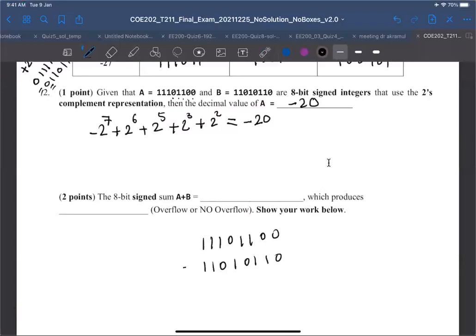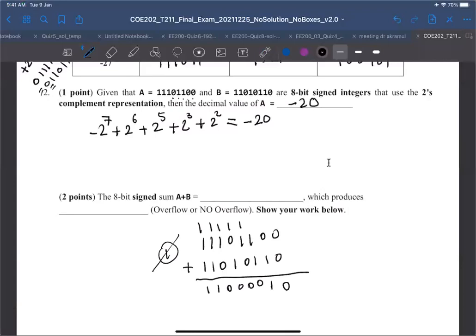Adding these together, we get 0, 1 with a carry, 0 with a carry, and so on, until the final carry of 1.